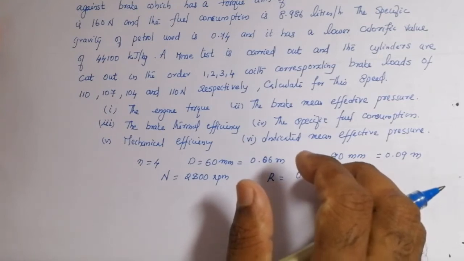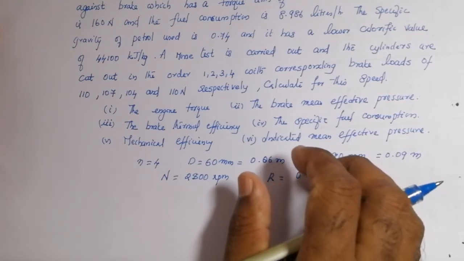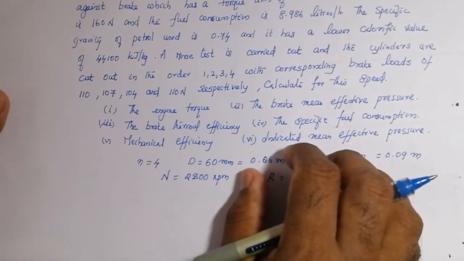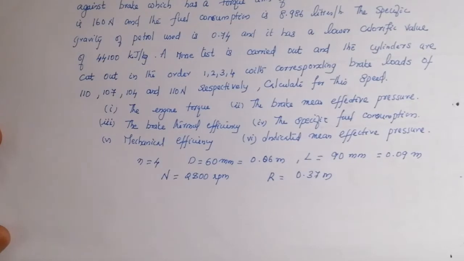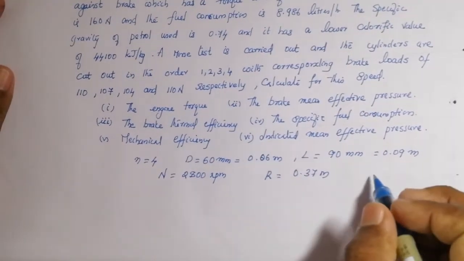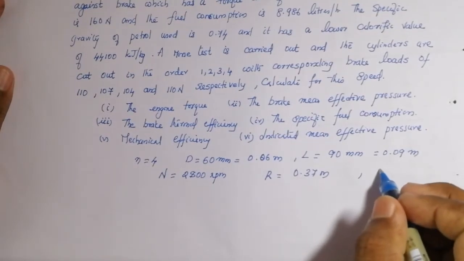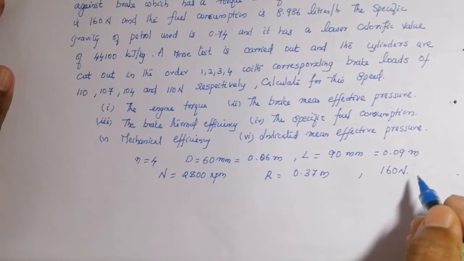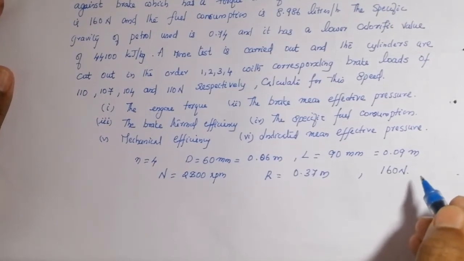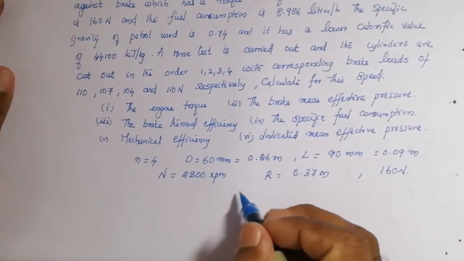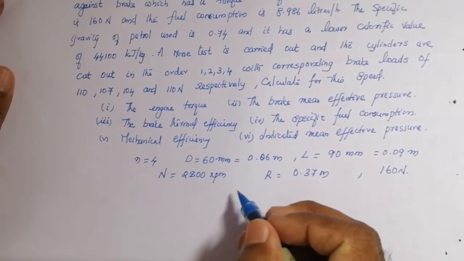Okay, so that is the torque load given, 160 Newton. Then the specific gravity of the petrol is given as 0.74.